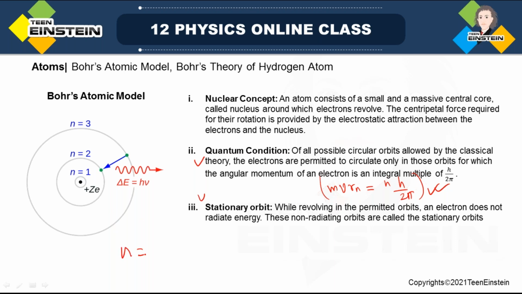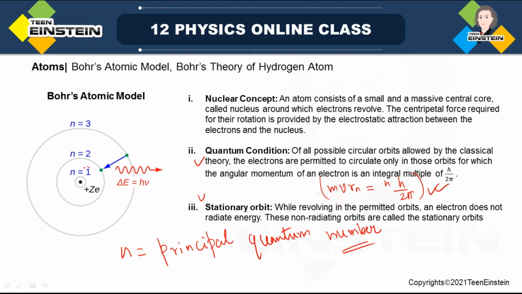Now look, what is this n saying? n is the principal quantum number here. As you have learnt in your chemistry classes also, the principal quantum number is denoted by n.